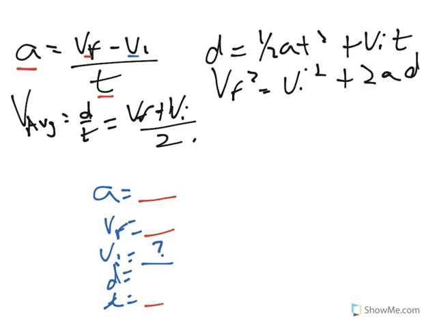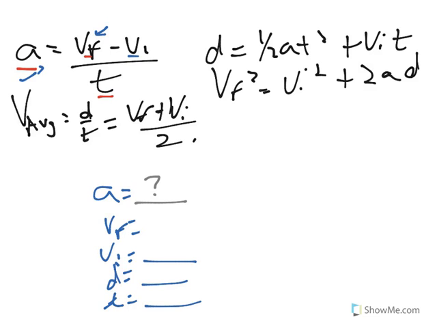So I use that formula to solve for initial velocity. What if instead I was looking for the acceleration, and I knew the initial velocity, the distance, and the time? Normally when we solve for acceleration we use the first formula, but in this case I don't know the final velocity, so that would be unknown as well as acceleration, and I can't use it.